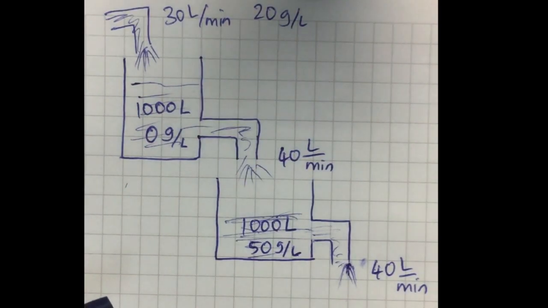For this, we are definitely going to use differential equations to solve it, because when you look at this problem, you're going to have grams per liter and liters per minute. So you can get grams per minute, which is the rate of change of the amount of salt as time passes.